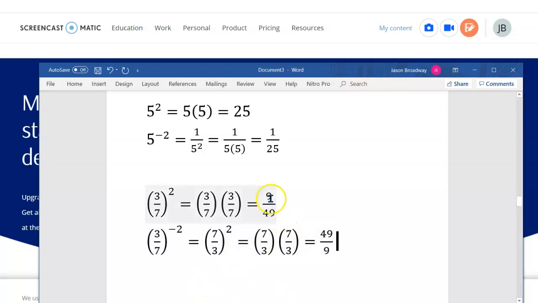And lo and behold, reciprocals, right? 9 over 49 is the reciprocal of 49 over 9, and vice versa. Reciprocal is a mutual relationship. Thank you, everybody. We'll resume on the next video.